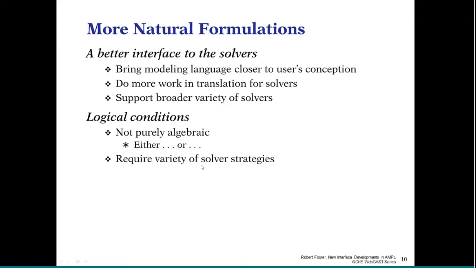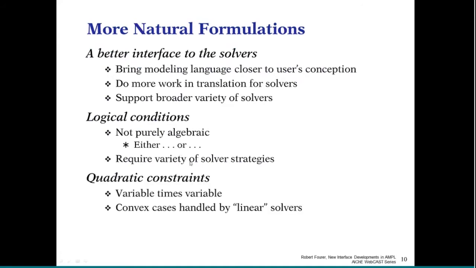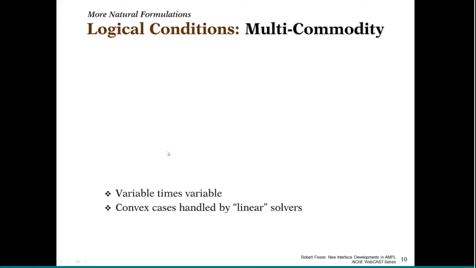And show various solver strategies for those. And then I'll say a bit about quadratic constraints, which is something that's come up in recent years, where it turns out that the modeling language can prepare things and recognize them as quadratic and enable various solvers to handle them.